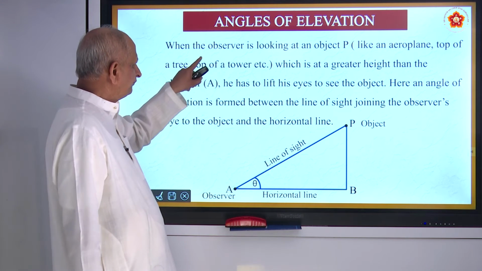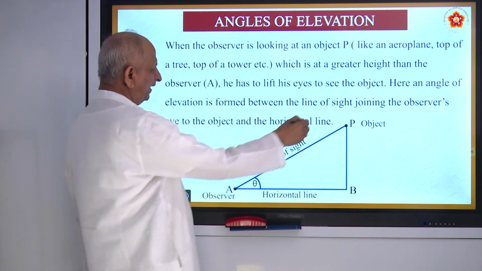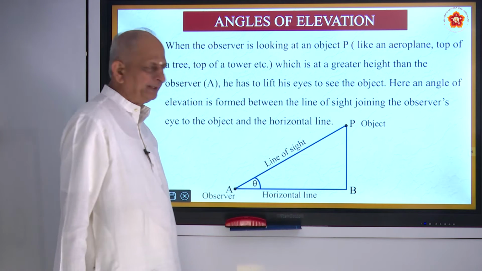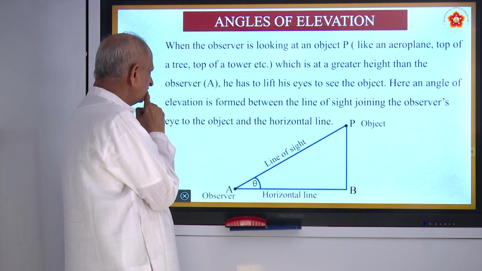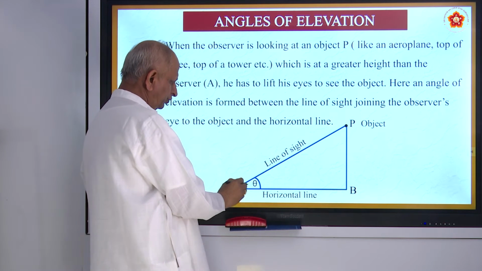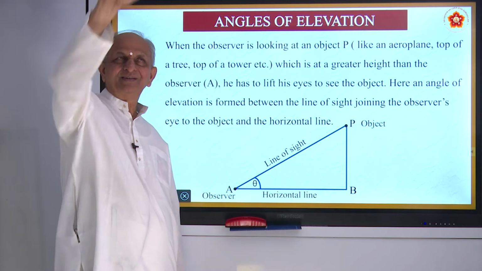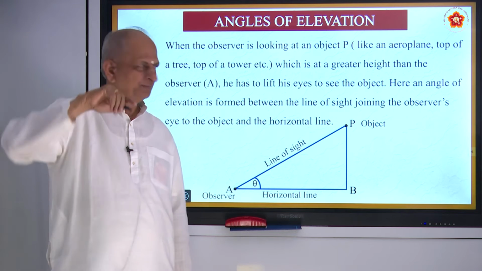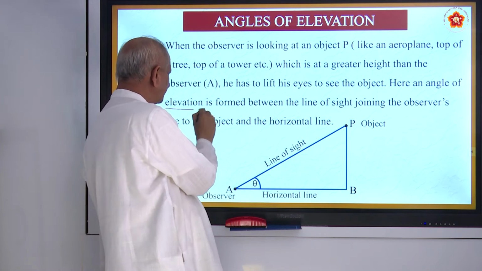And here, when the observer is looking at an object P, like an aeroplane, or the top of a tree, top of a tower, etc., which is at a greater height than the observer, he has to lift his eyes to see the object. So he must look up. For example, an aeroplane is going there, then you have to look up. Is it not? So that is called the angle of elevation.